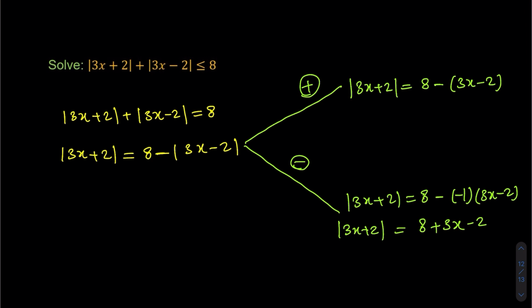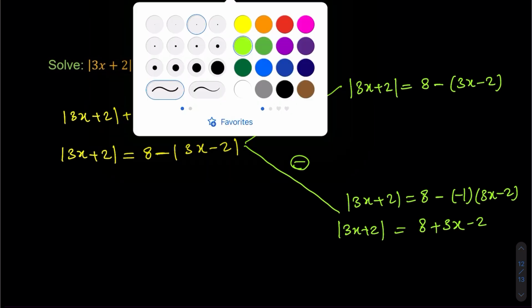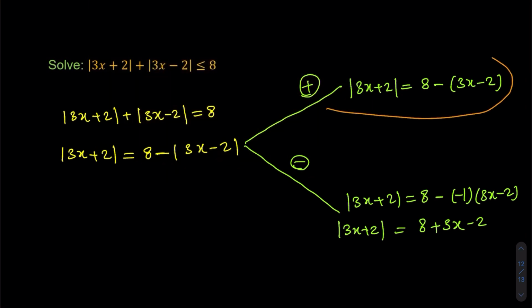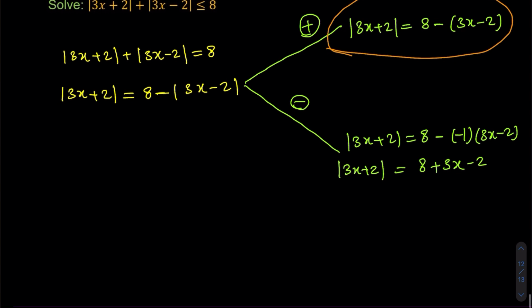Now let's begin with the positive one here. Let's consider this equation first, and then we will move on to the second scenario and second possible outcome. I will write the first expression here. It will be the absolute value of 3x plus 2 is equal to 8 minus 3x minus 2, okay?